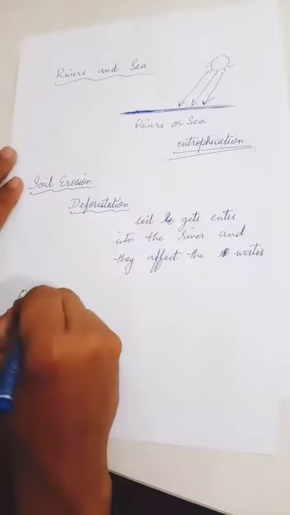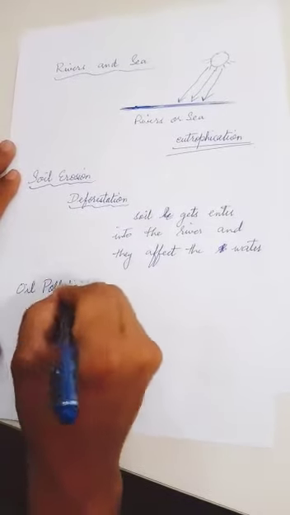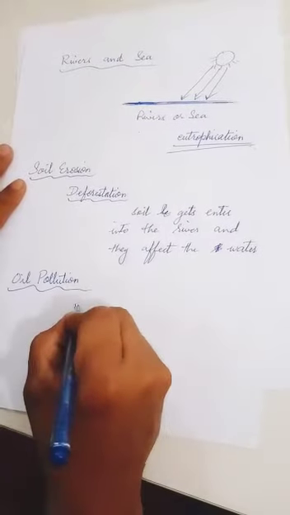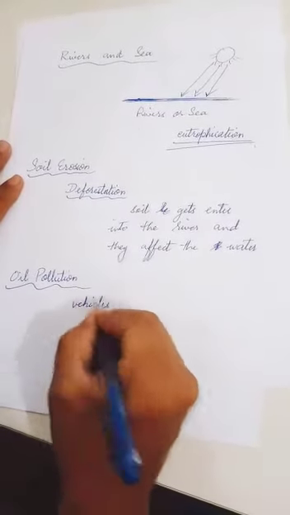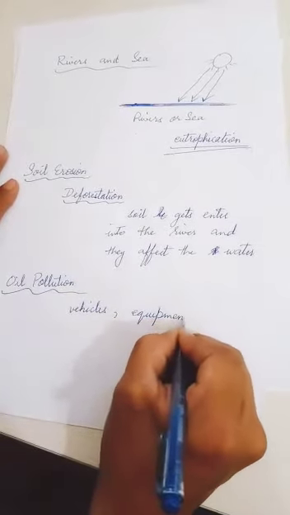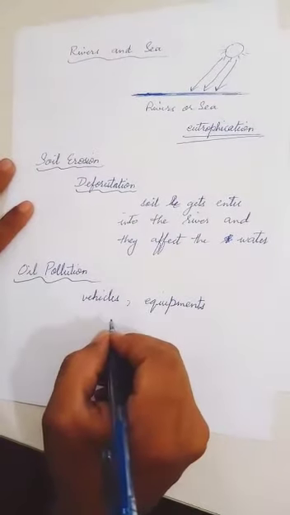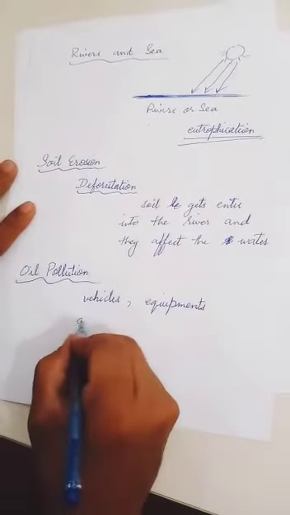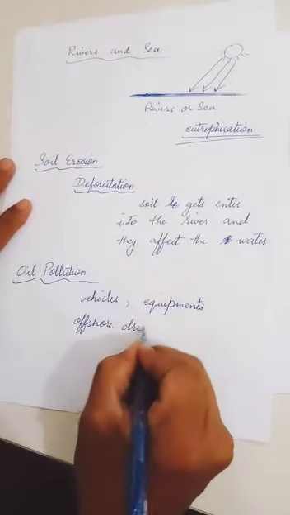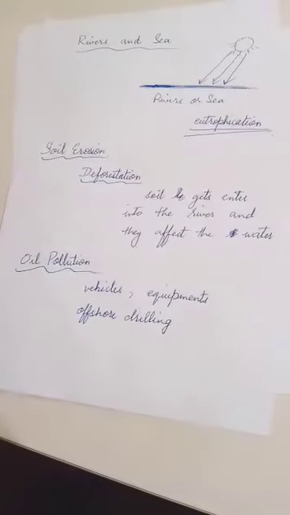The other is oil pollution. As you know, oil drips from vehicles and equipment. Or you people also know about offshore drilling. Offshore drilling is a process by which we extract crude oil from the sea.